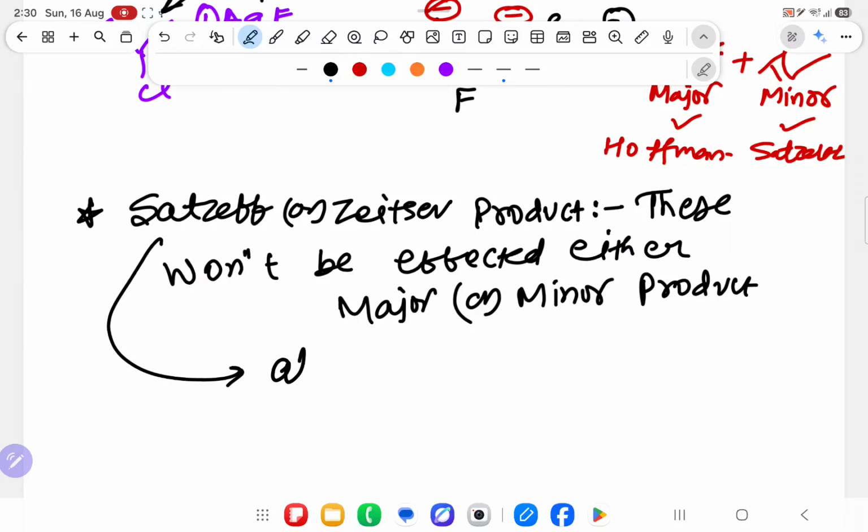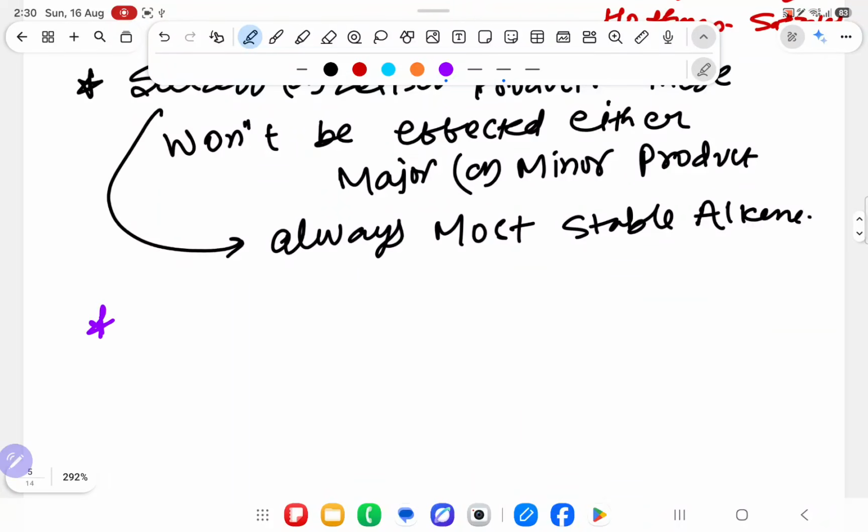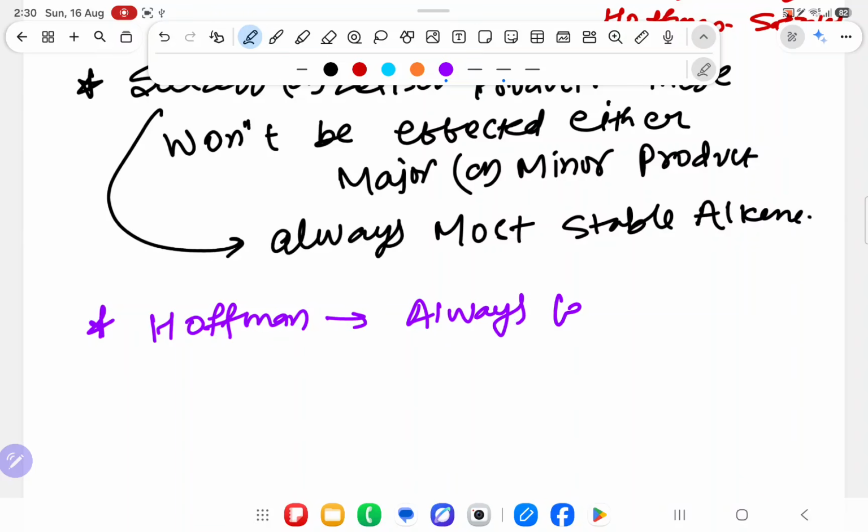This will always be the most stable alkene, even if the most stable alkene is produced in a minor quantity, no problem. Same for Hofmann, it is always the least stable alkene. The problem is that the least stable alkene is coming as the major product in more quantity, but that is not the problem. Hofmann and Saytzeff will be decided like this.